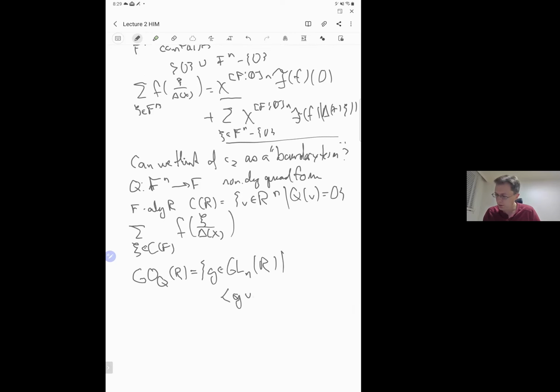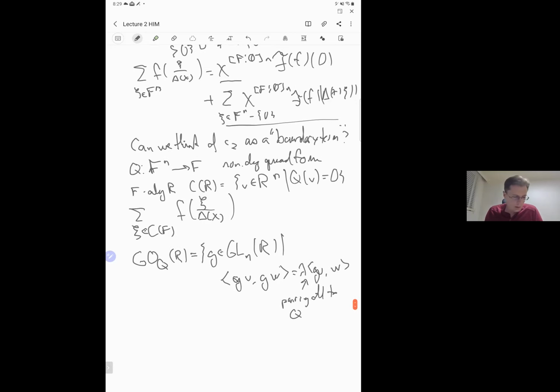I want (gv, gw) to be equal to lambda times (v, w), where this is the pairing attached to the quadratic form. Then GO_Q acts on X(F) with two orbits: X(F) minus 0, and 0.